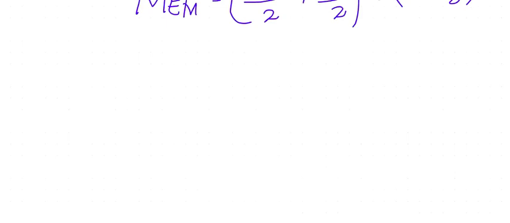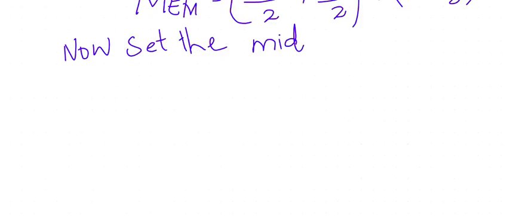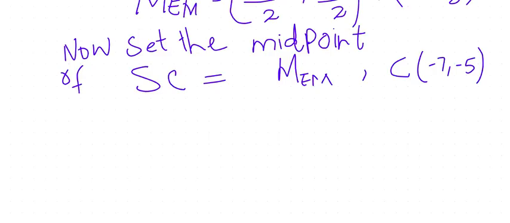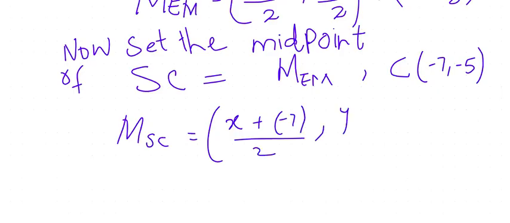C is minus 7 and minus 5. So the midpoint of SC equals x plus minus 7 by 2 and y plus minus 5 by 2. So the point we have is 1 and 3 by 2.